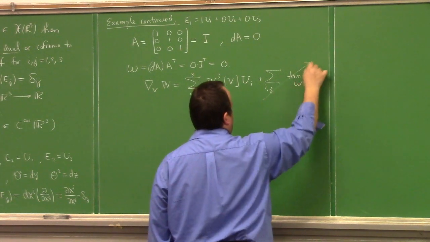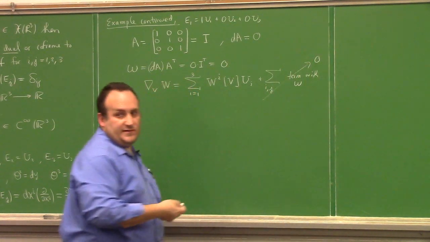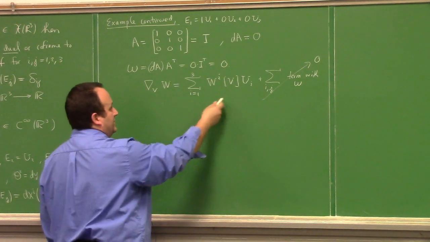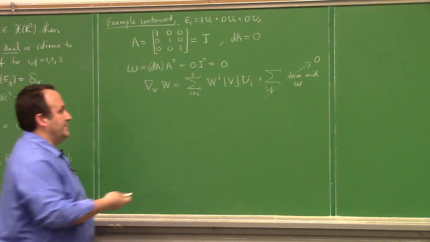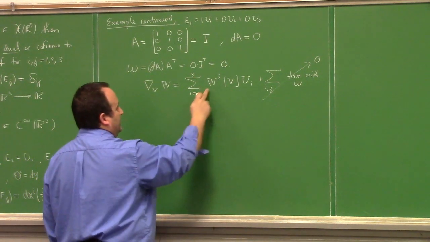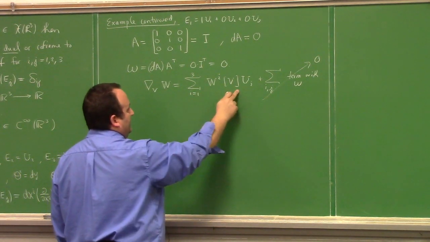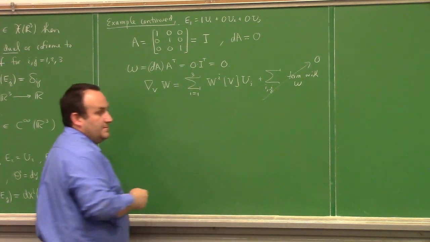But this whole piece is 0 in this case, and so we drop back down to this simple formula, which I would point out, again, is really nothing more than a vector of directional derivatives.